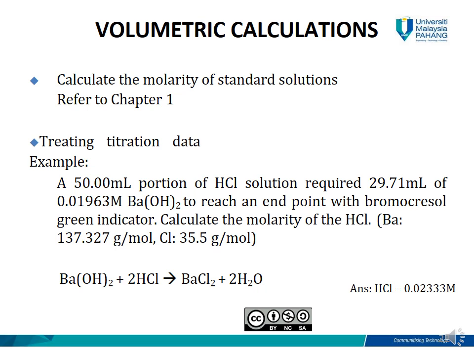After you calculate the number of moles, you simply divide by the total volume of the hydrochloric acid plus the barium hydroxide. In this case, it will be 50 milliliter plus 29.71 milliliter. Then you will get the concentration of hydrochloric acid.